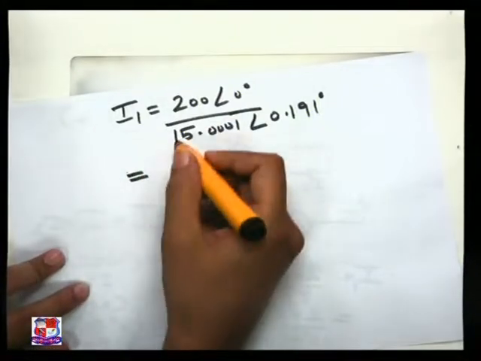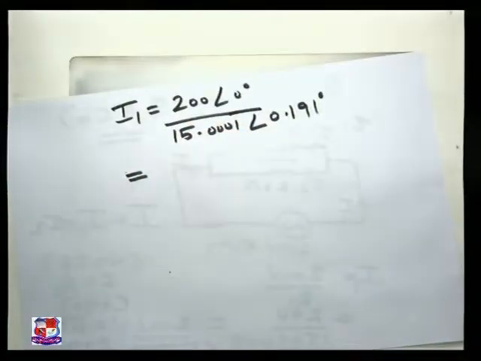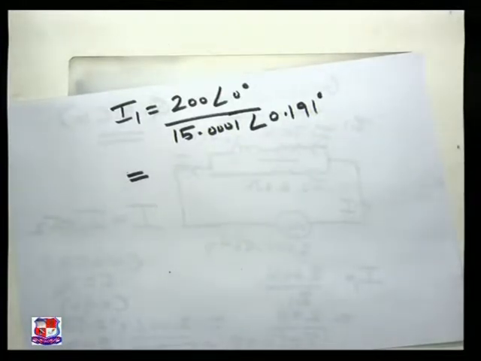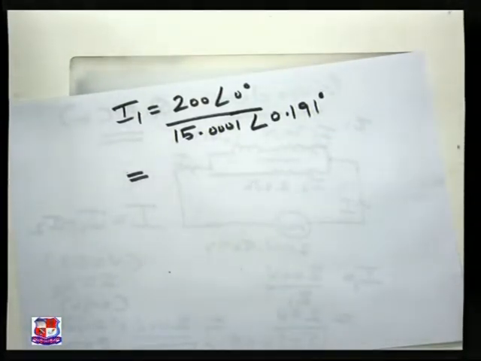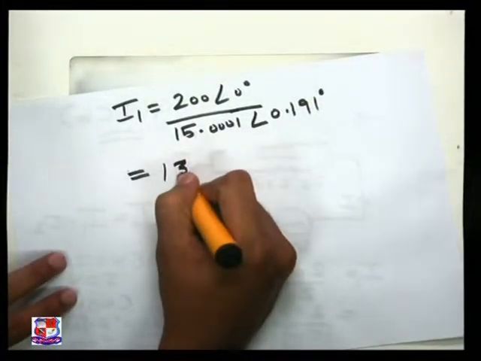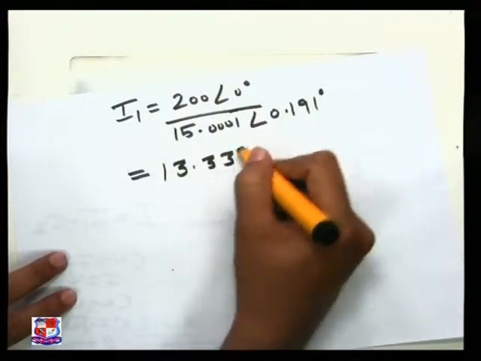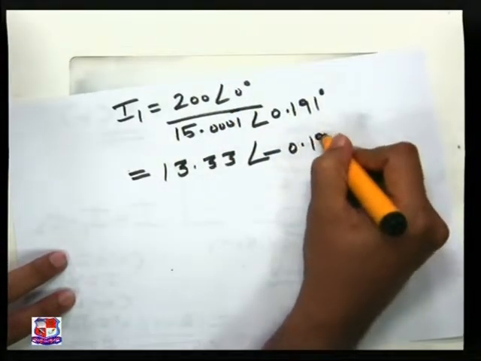So directly you can say 200 divided by 15.01, so it will be 13.33, and the phase, if you take it upside, will be minus 0.191 degree.